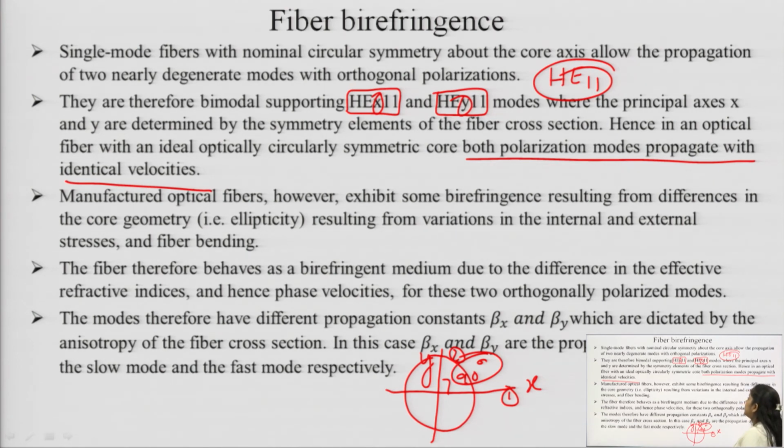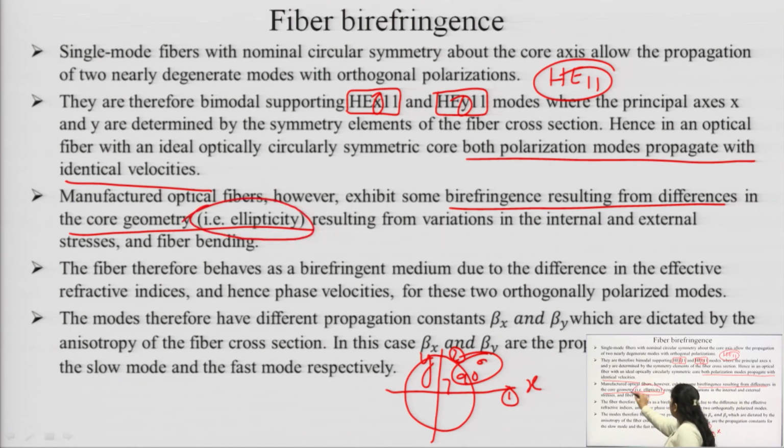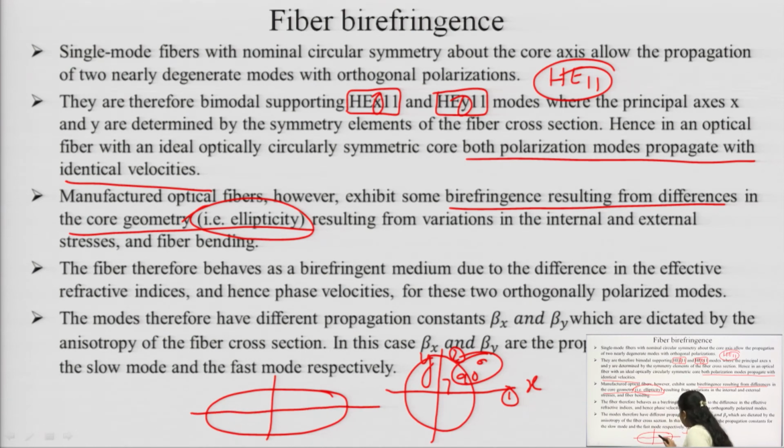Manufactured optical fibers, however, exhibit some birefringence resulting from differences in the core geometry. As we manufacture, the core geometry gets distorted and becomes elliptical. In the elliptical case, we can easily say that the two axes of the core vary, and if these are varying, the polarization state can't be maintained.